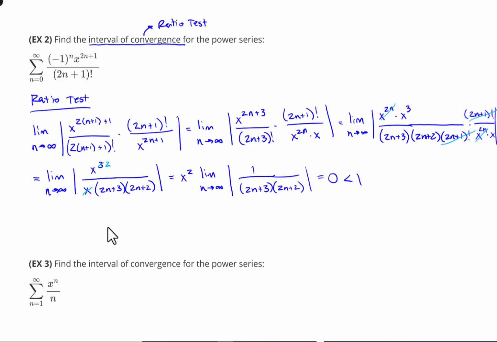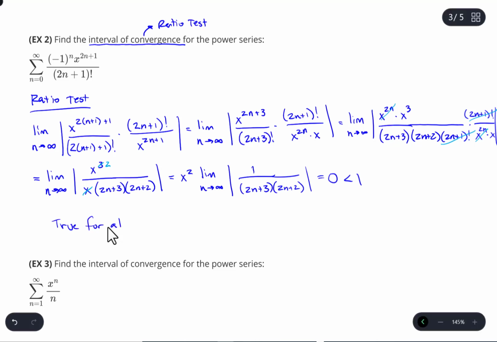All right, so you actually perform the ratio test. So this statement, 0 is less than 1, that is true for all values of x. So what that means is my interval of convergence is negative infinity to positive infinity.